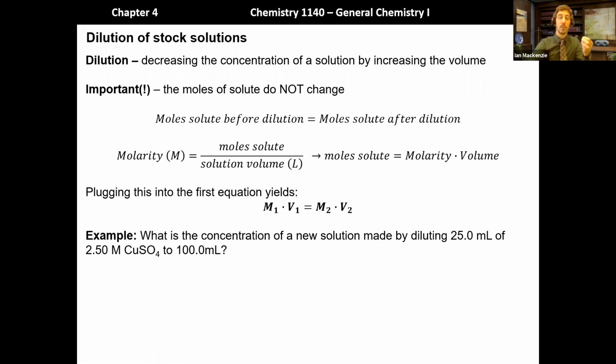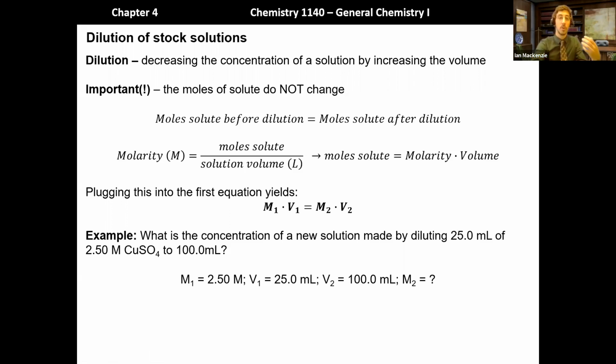One thing to note with all of these is that because volume appears on both sides, we don't need to convert the units of volume to liters as they would normally be for molarity. We can leave them as milliliters because the units cancel out. We've assigned M1, V1, and V2.